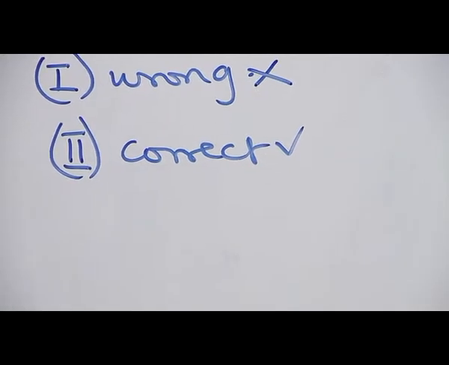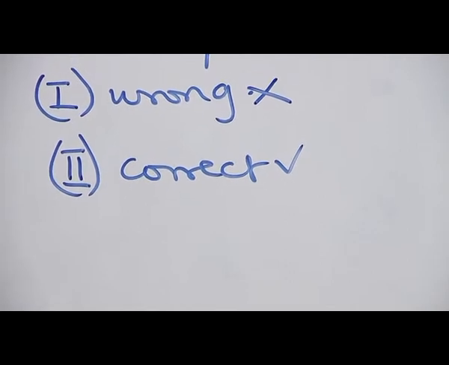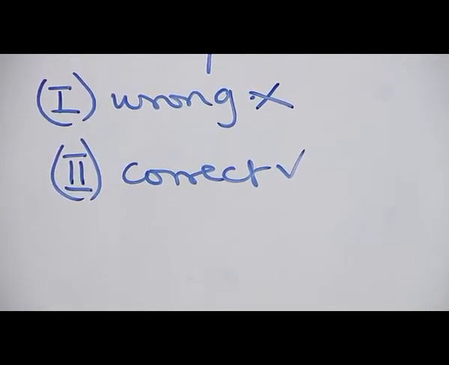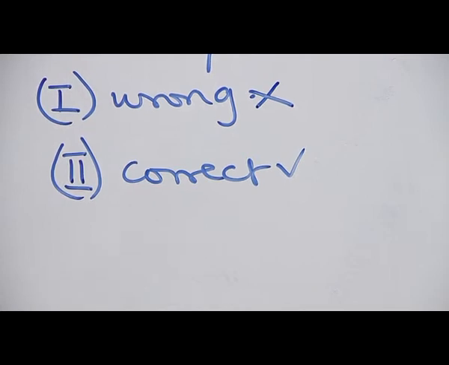Graph number 3, graph of pressure against volume. From the look of that graph, we find out that it shows that at some point there won't be any gas at all, because the straight line cuts both axes, both the pressure and the volume axis, and a gas can never cease to exist.